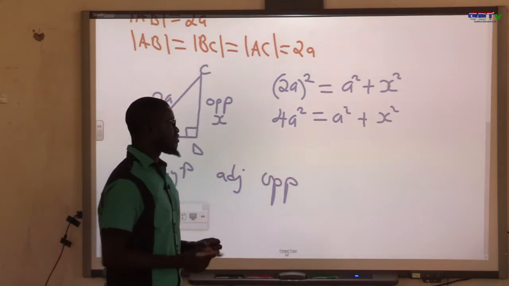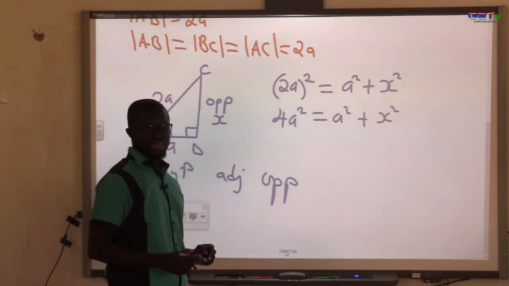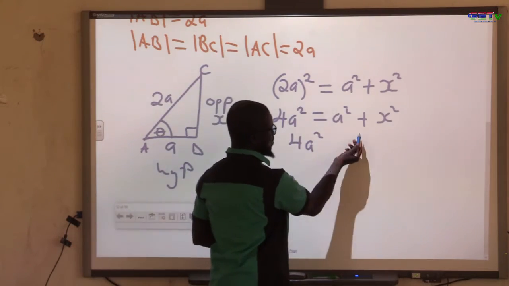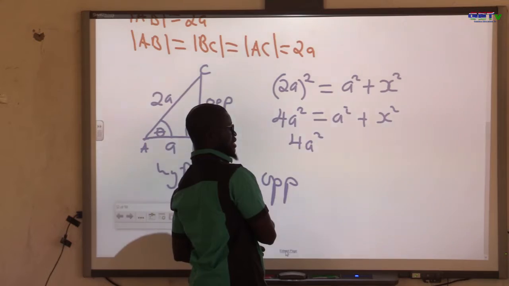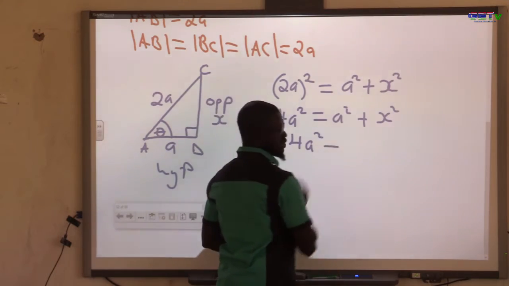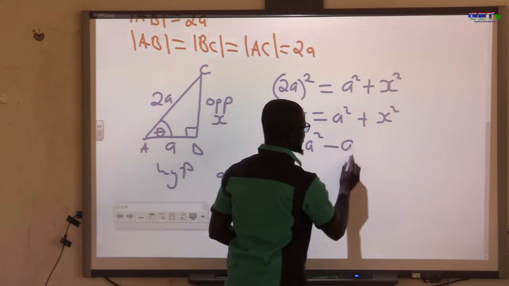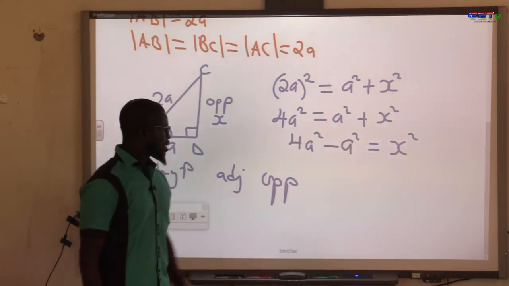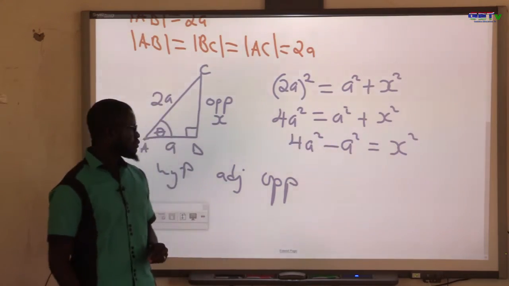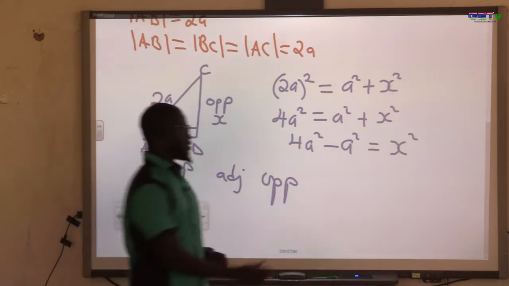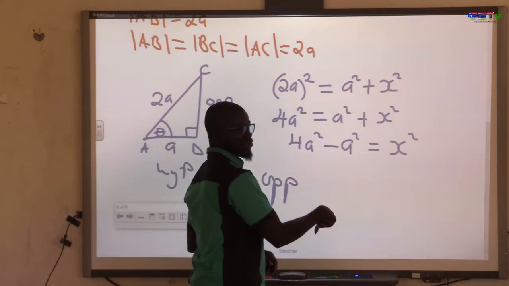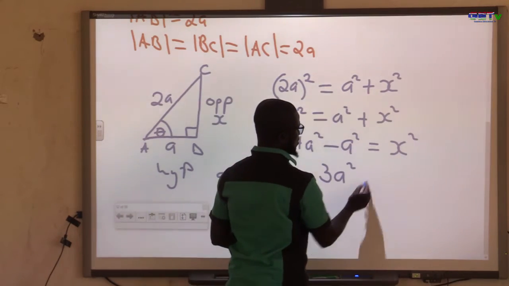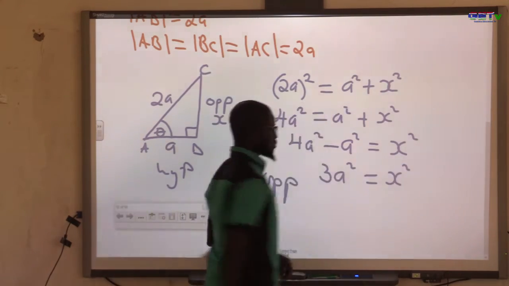So we are going to collect them to further simplify to help us get the value of X. 4A squared, if you transpose A squared to the left-hand side of the equation, will give us minus A squared equals X squared. What is 4A squared minus A squared? The coefficient of A squared is 1. Subtracting 4 minus 1 will give us 3A squared equals X squared.